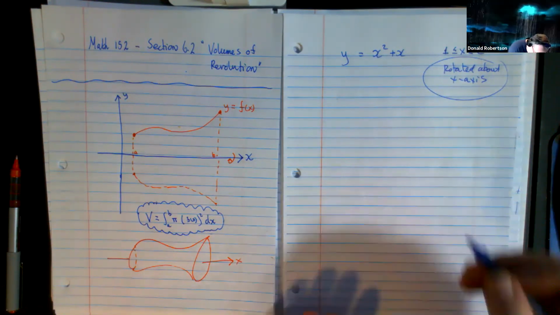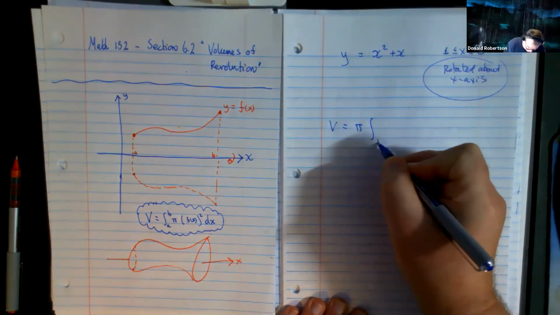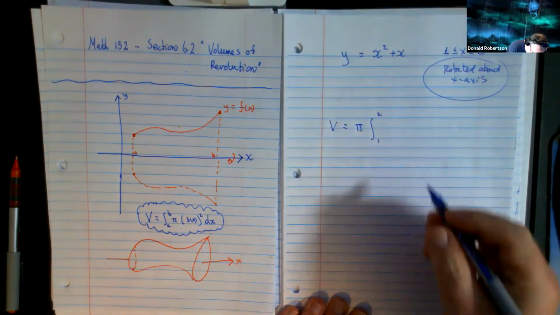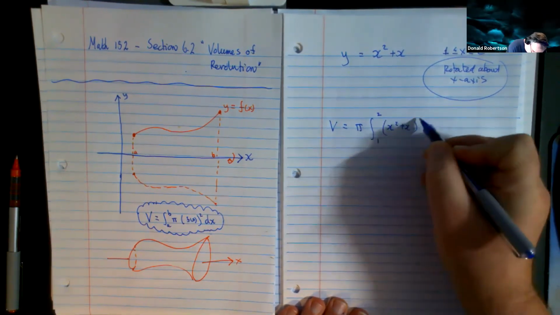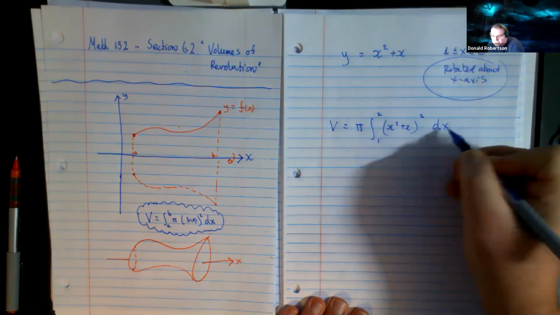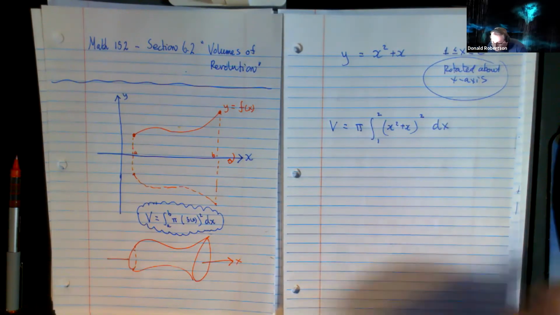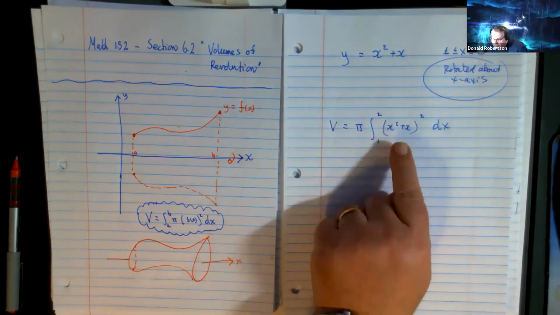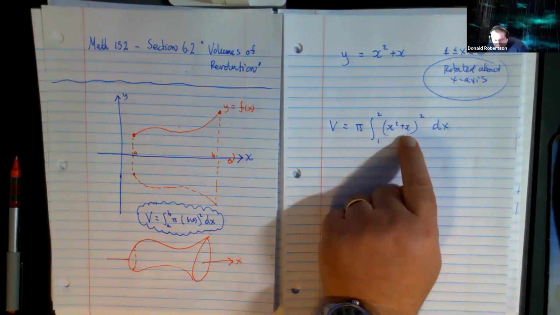Okay, now its volume is pi, the integral from 1 to 2 of f of x squared dx. Now, do you see that in these kinds of questions that don't have a square root, you may well have to do some more algebra before you can integrate?